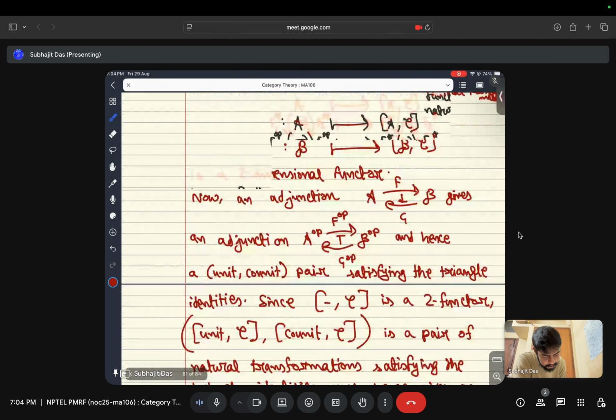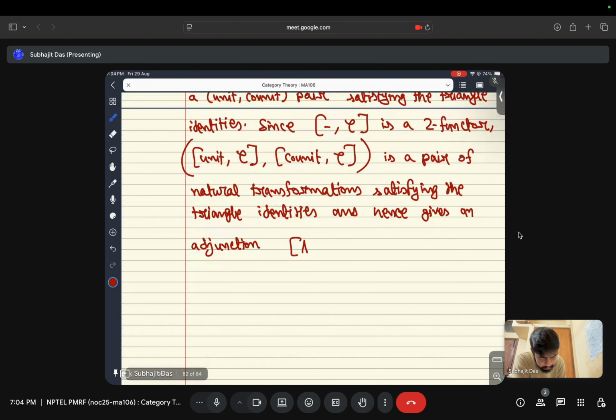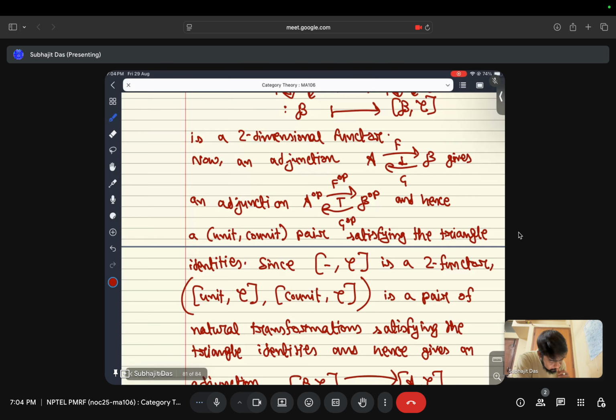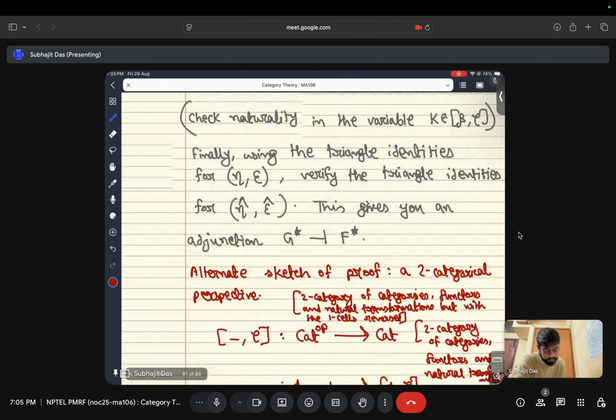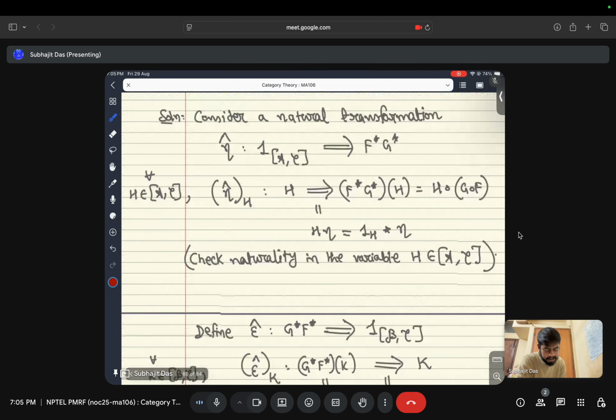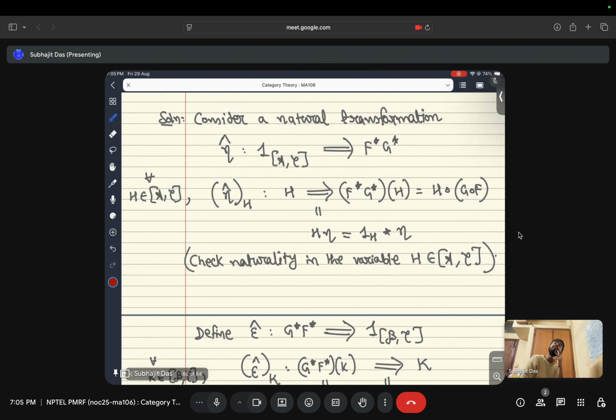What did we have initially? Let's say b comma c, a comma c. If F was a functor from A to B, then F upper star will be in this direction, G upper star will be in this direction, and you should have an adjunction like this. I would assume the direction of the natural transformation is preserved. Yeah, it is, of course, preserved.